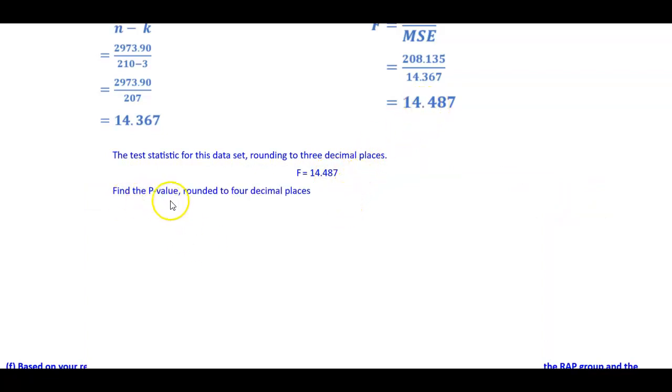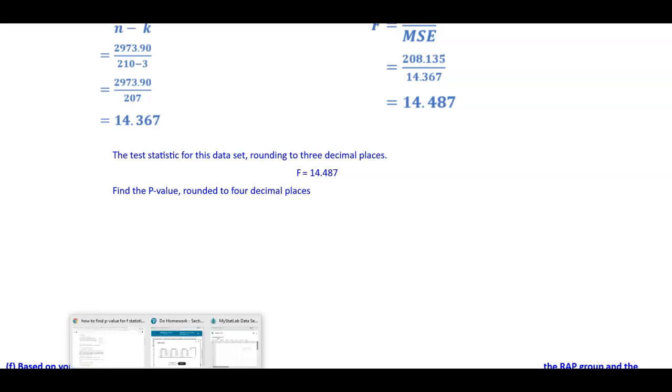Now we want to find the p-value rounded to 4 decimal places. Because there isn't a particular chart for an ANOVA when you have 3 different types of data, since you're using the F test statistic, you can use the F calculator using 2 of the degrees of freedom.